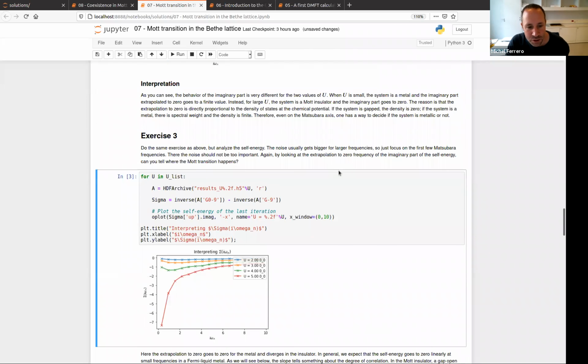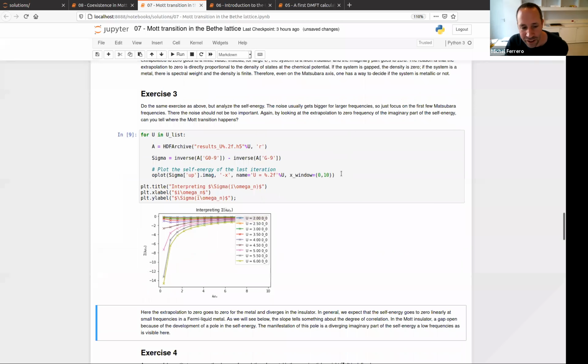You can also decide to use the Dyson equation and look at the self-energy. And what happens in the self-energy instead is that it develops a peak around the Mott transition. So up to values of U about 4.5, the self-energy is an object that still extrapolates to fairly small values here.